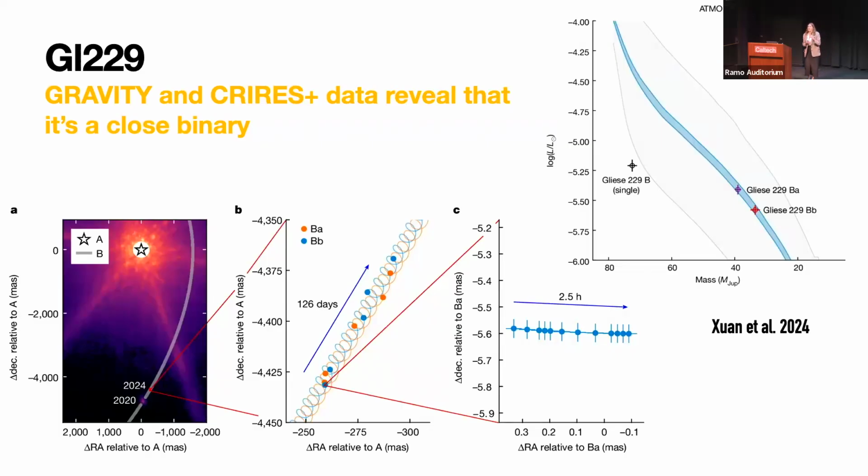So it wasn't the fact that this was underluminous, it was actually the fact that it's two components closely orbiting one another. If I remember correctly off the top of my head, the separation is about 16 times the separation between Earth and Moon, something like that, if I remember correctly, Jerry. And then once you actually resolve those components and put them onto the cooling track, as you see on the right there, it agrees, within the uncertainty, with where you'd expect them to be on the cooling track.